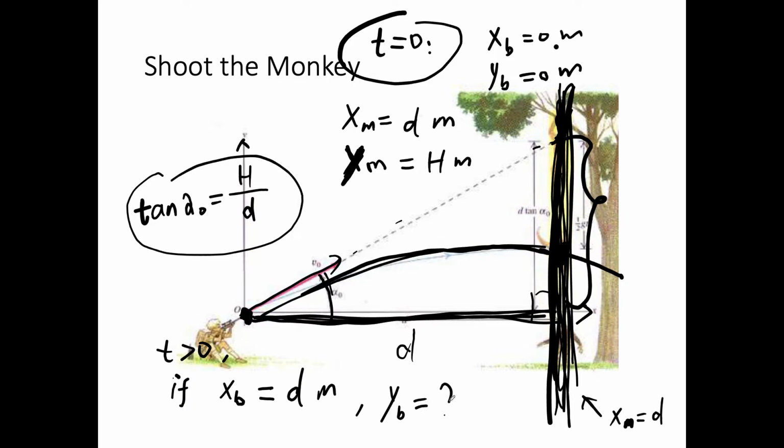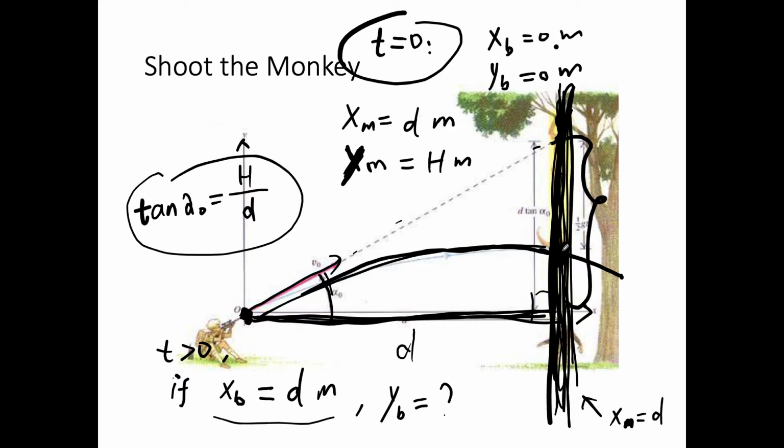If at a later time x_b is d, and the y position of the bullet equals the y position of the monkey, the bullet gets the monkey. Now if the y position of the bullet does not equal that of the monkey when the x position of the bullet equals the monkey's, then the bullet will miss the monkey, right?